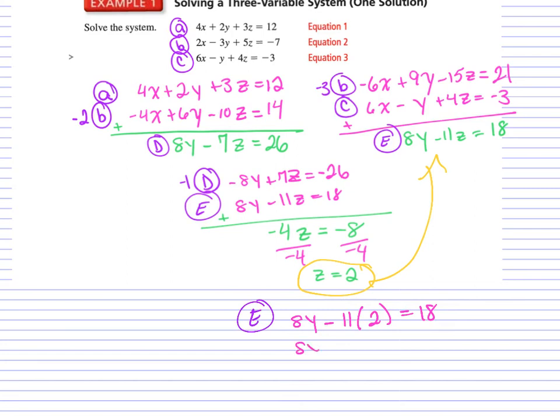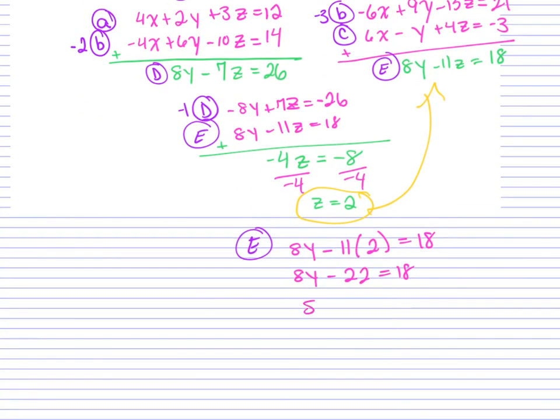That gives me 8y minus 22 equals 18. I'm going to add 22 to both sides. Gives me 40. Divide both sides by 8. Y equals 5. So I got two answers, okay? I got Z and Y.